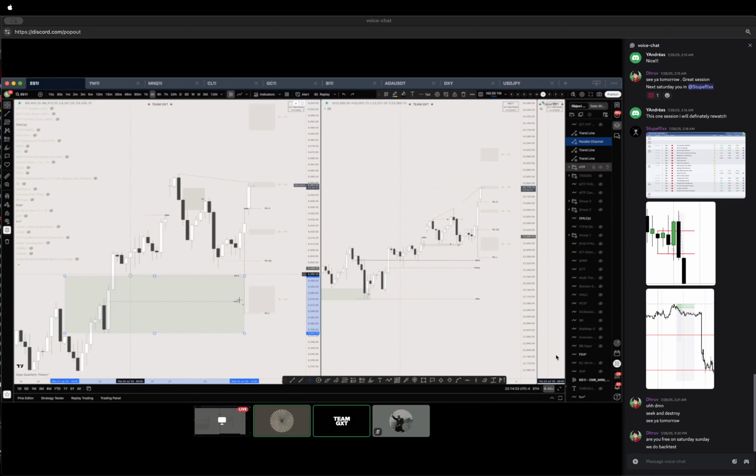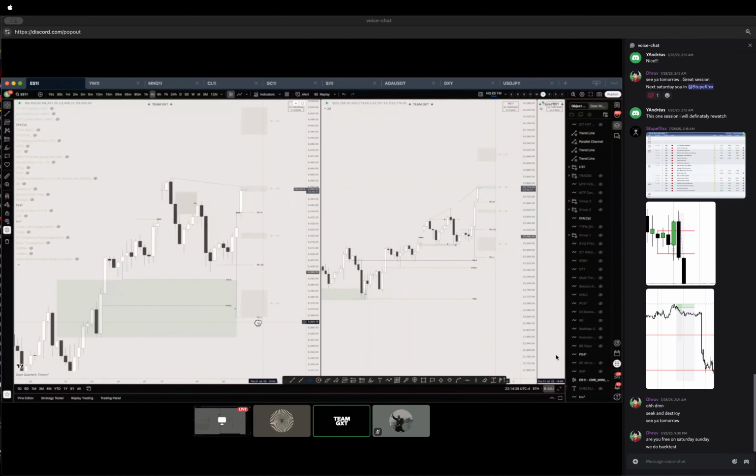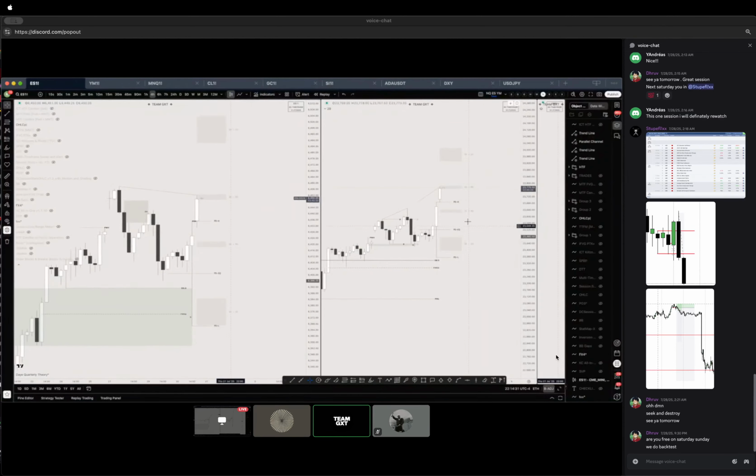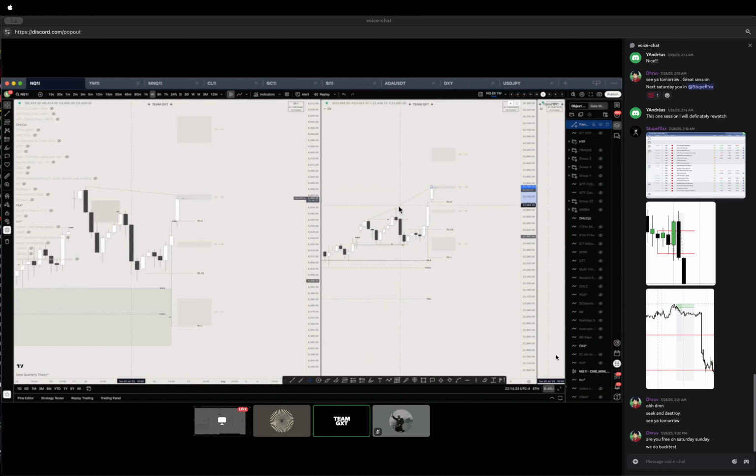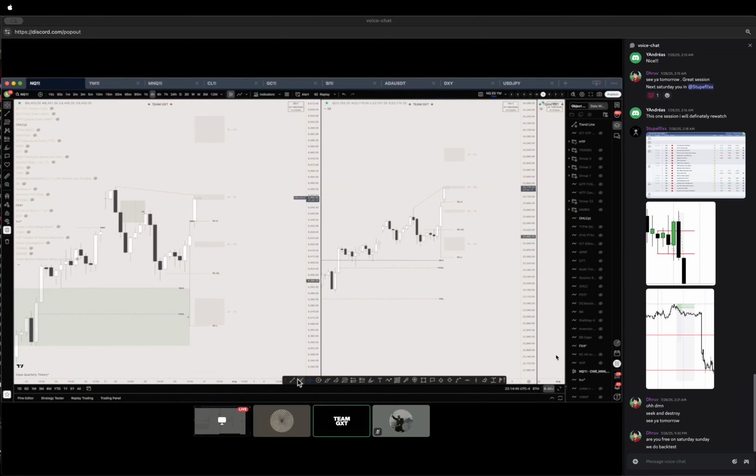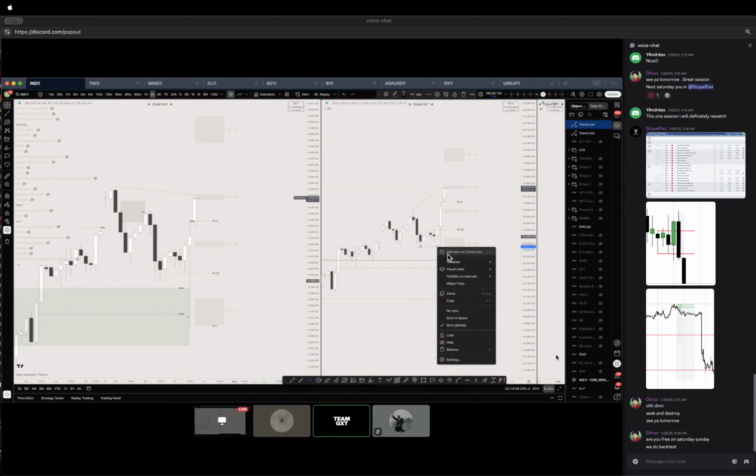Relevant low, obviously. And also previous week EQ is right there. Just clean this up and get the stuff that we really need.